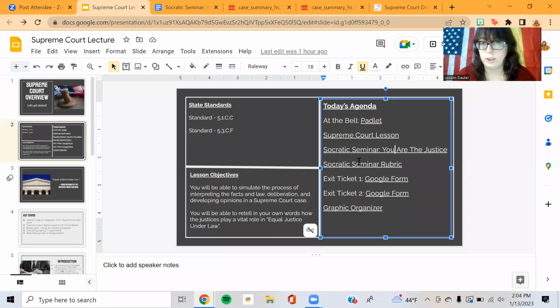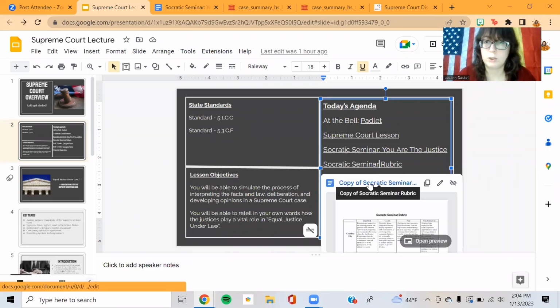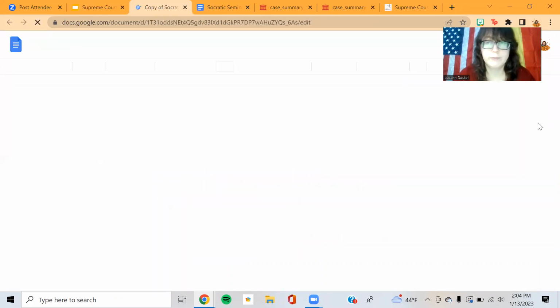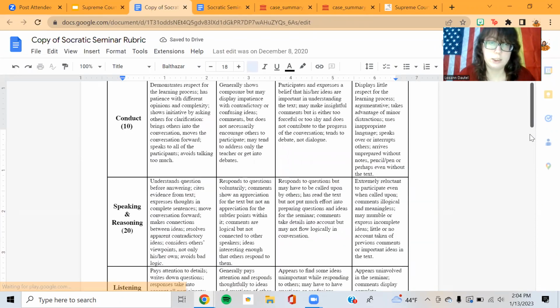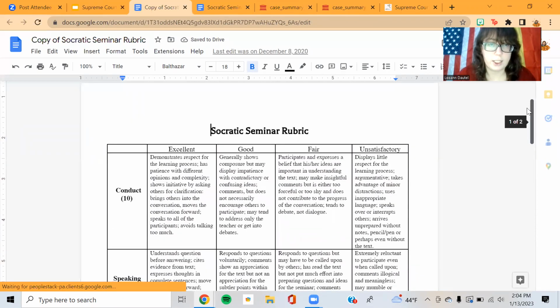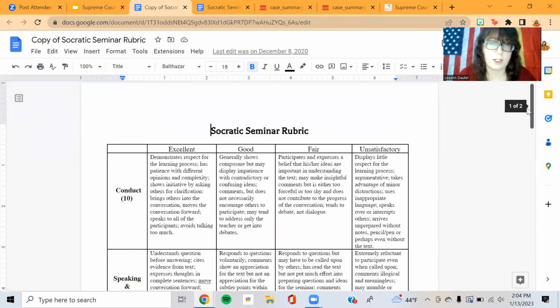And essentially, I will be grading the students on this rubric in 4 categories. Conduct, which is basically, are they asking for clarification from others, bringing others into the conversation, moving the conversation forward, speaking to all participants, and avoiding talking too much. Also being appropriate and following school expectations in interaction with peers.